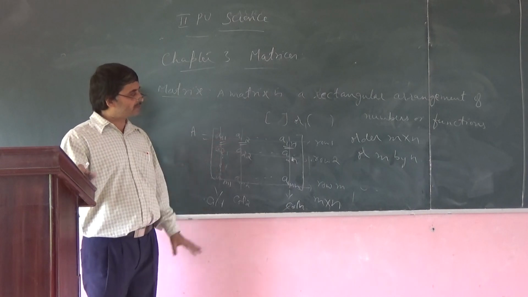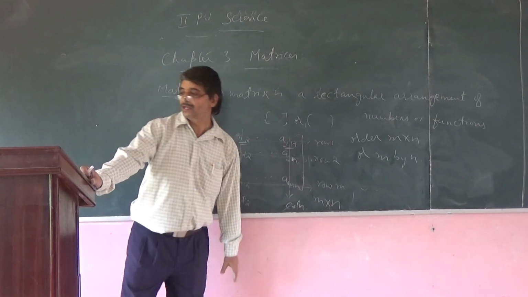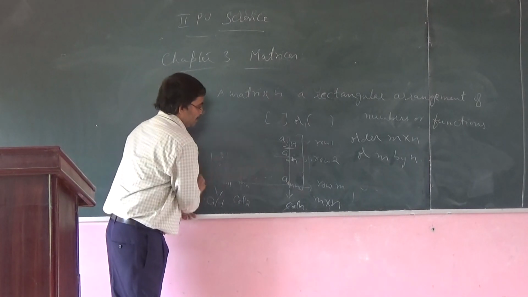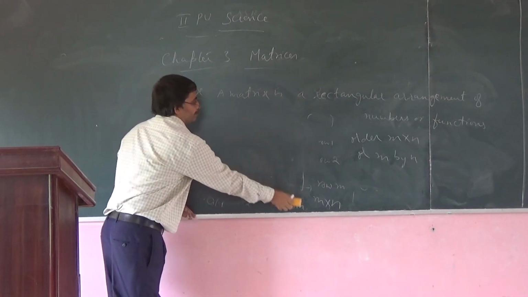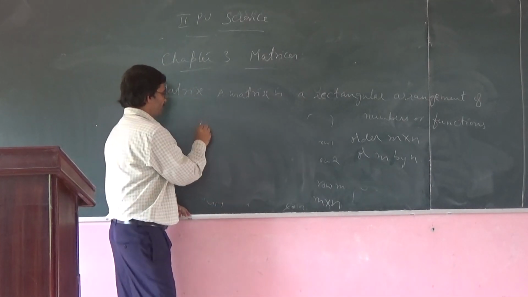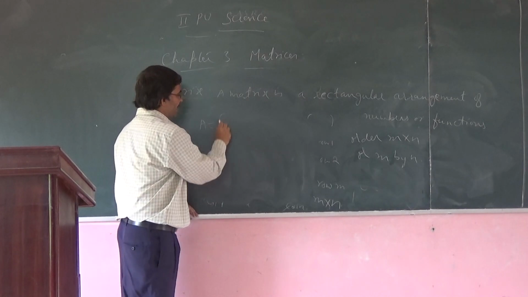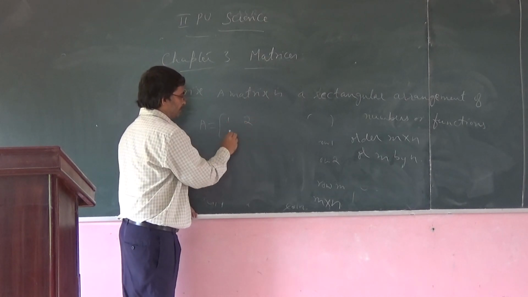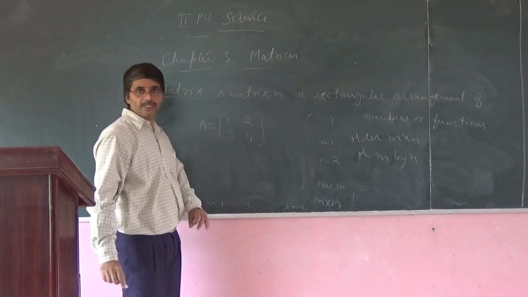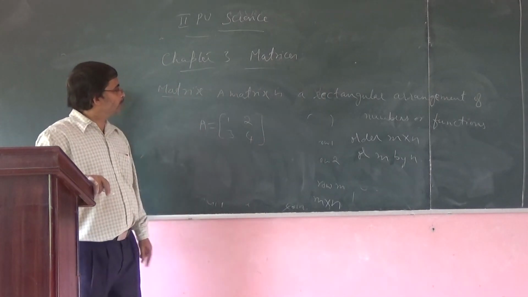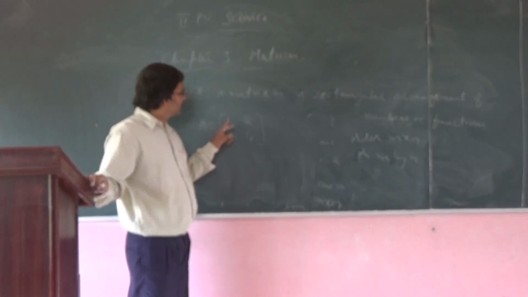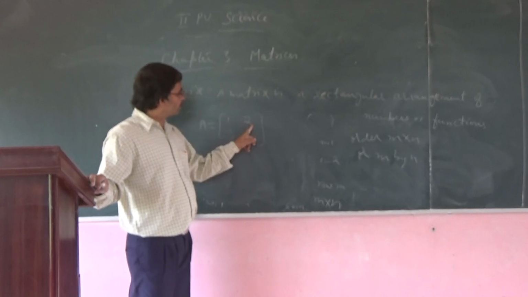I will explain it with some examples. Let A equal to 1, 2, 3, 4. What do you observe here? How many rows are there? 1 row, 2 rows.